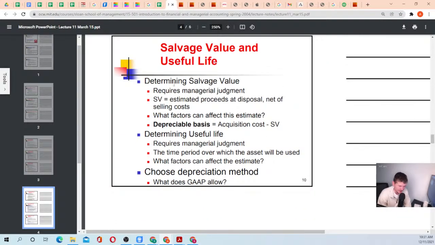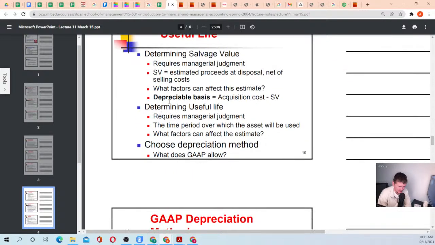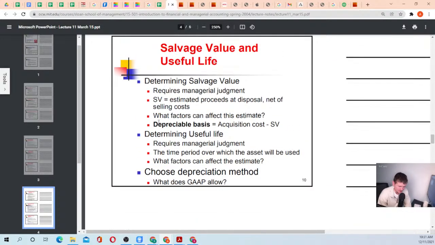Okay. Salvage value requires managerial judgment, estimated proceeds at disposal, net of selling costs. So why do we need a salvage value? We need it to calculate depreciation.